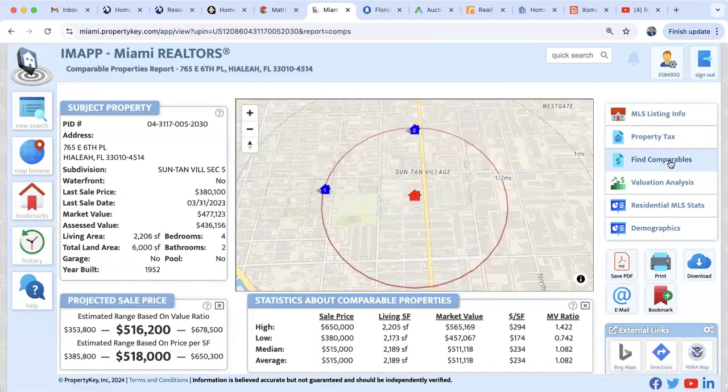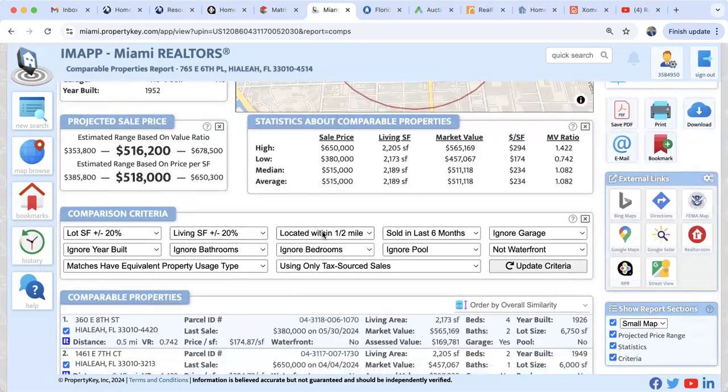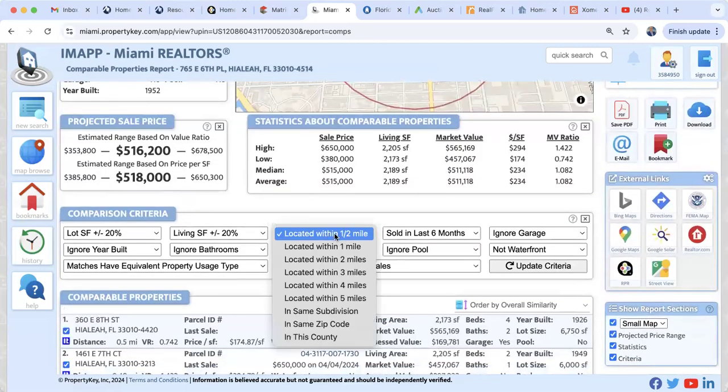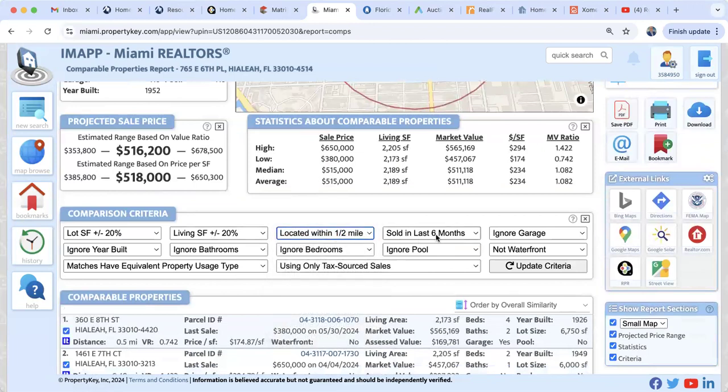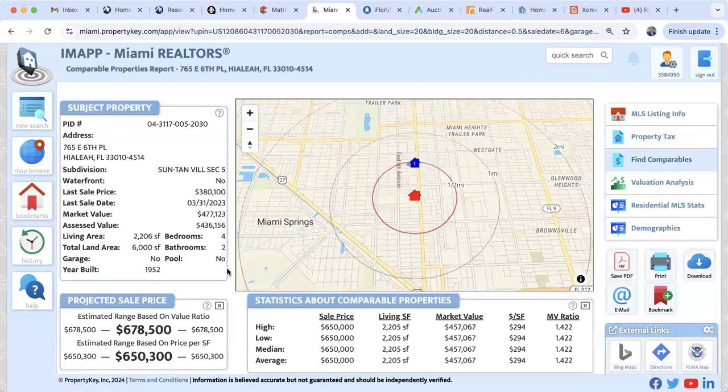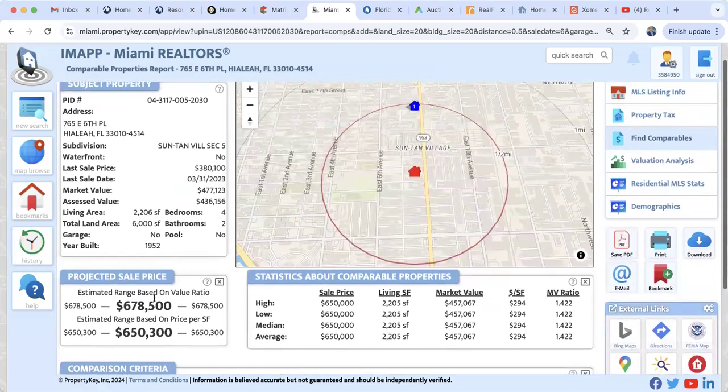All right, so we're going to try and find comps within a half mile, sold within the last 6 months, and that have a difference of only 20% in living area and a difference of only 20% in lot area. All right, so by doing this, we're going to click on update criteria, and we are pulling one comparable.